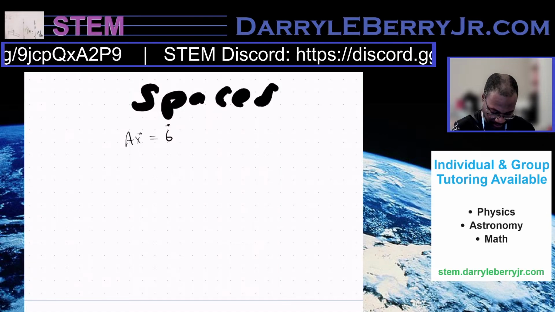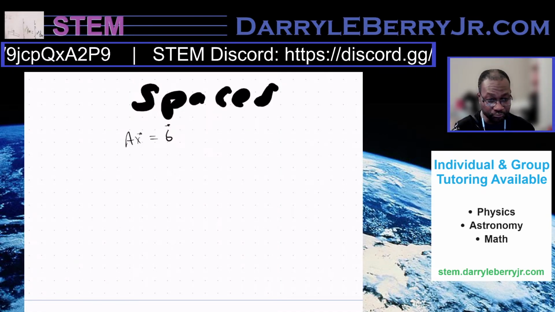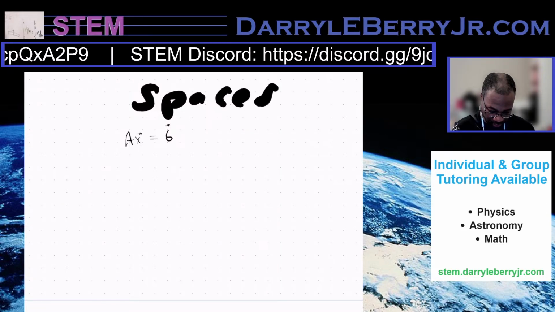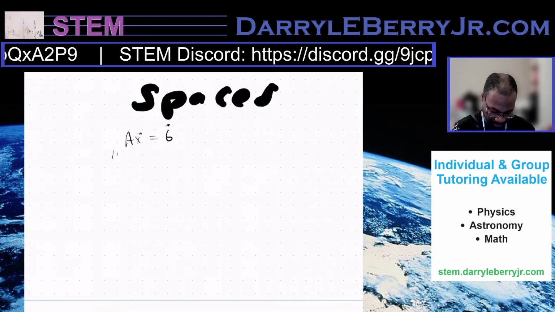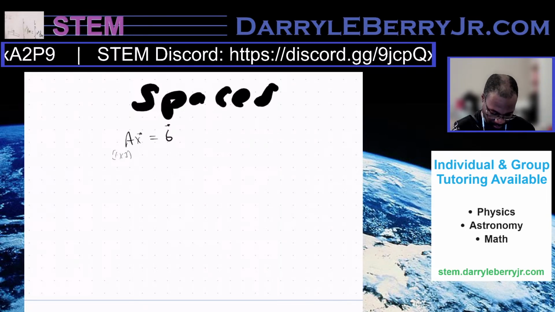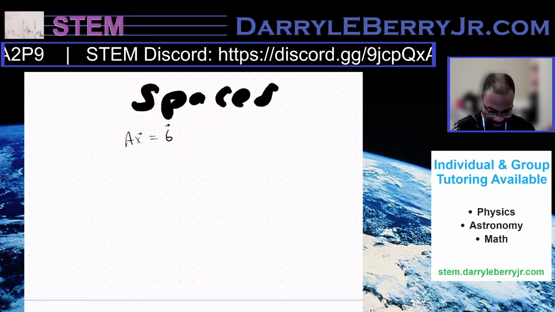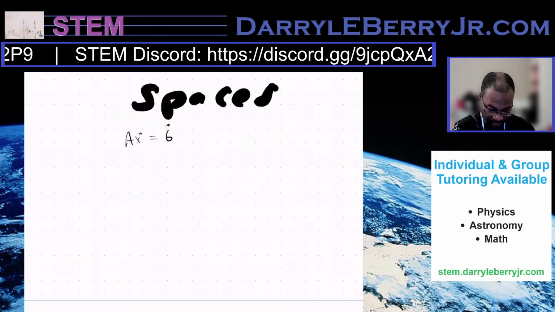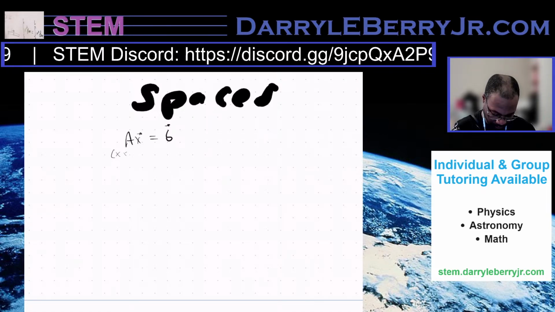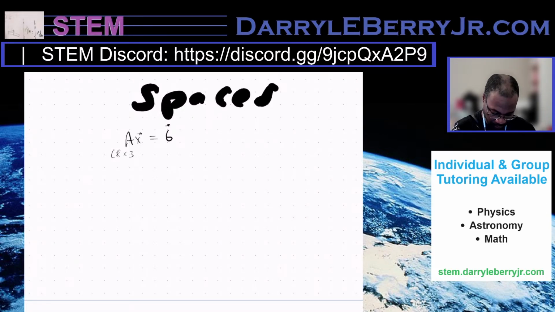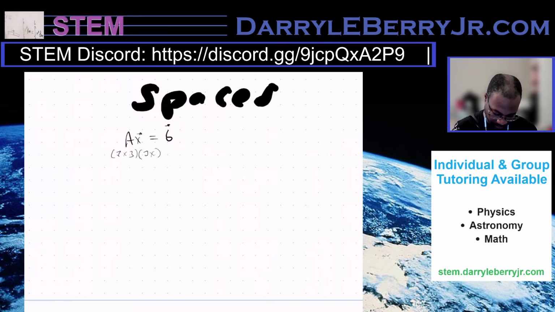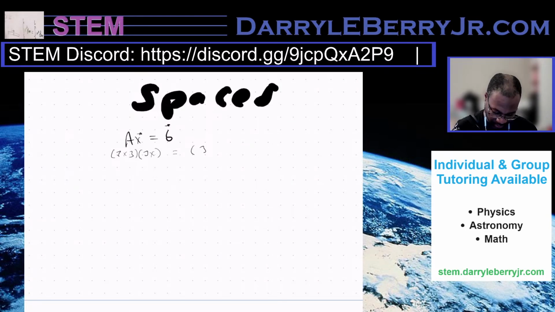Let's say that this is a 3 by 3 and a 3 by 1. So this will equal also a 3 by 1.